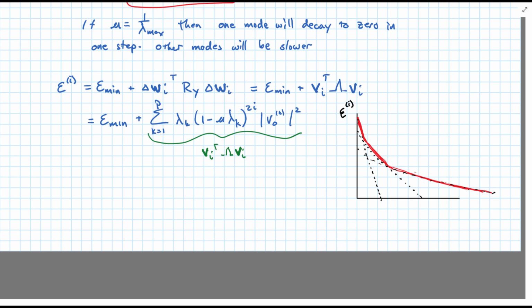In practice, that can't usually happen, but we can choose something so that it decays very quickly. However, if the eigenvalues of Ry are widely spread, there is no optimal value. And so while we may choose mu so that one mode decays quickly, necessarily the other modes will be much slower.